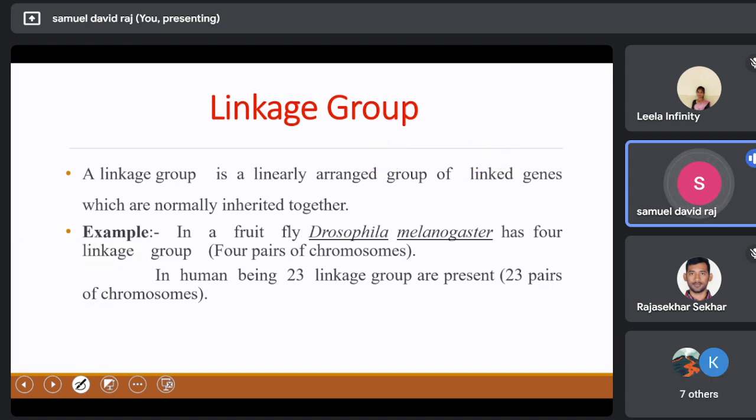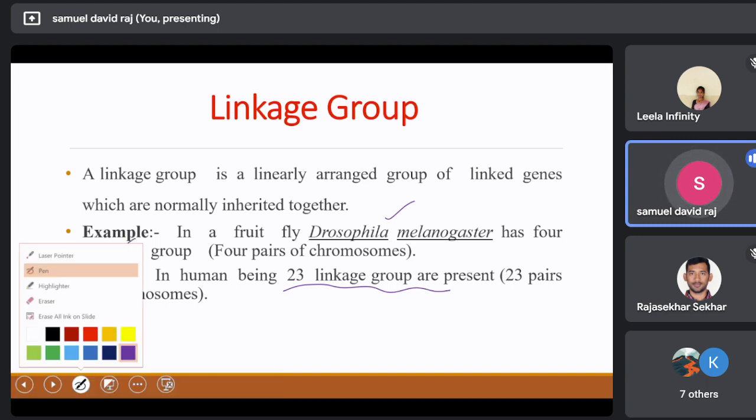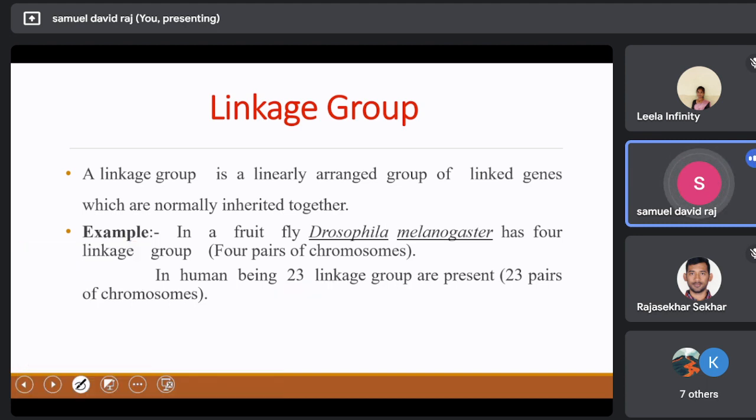Thus, in human beings, the linkage groups are 23. In Drosophila, there are 8 chromosomes, 4 pairs, so we have 4 linkage groups. But there is a small difference with respect to Drosophila and human beings.